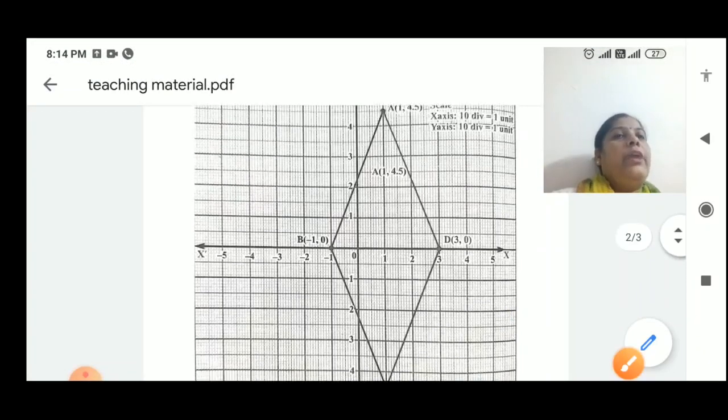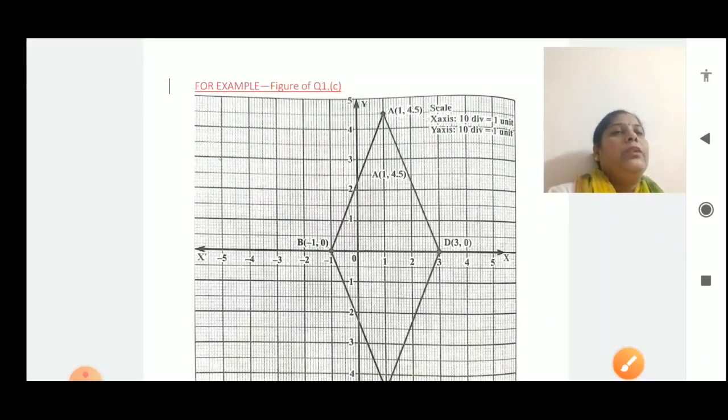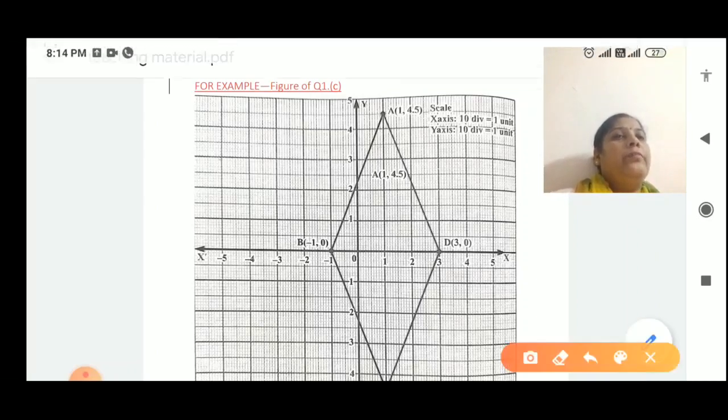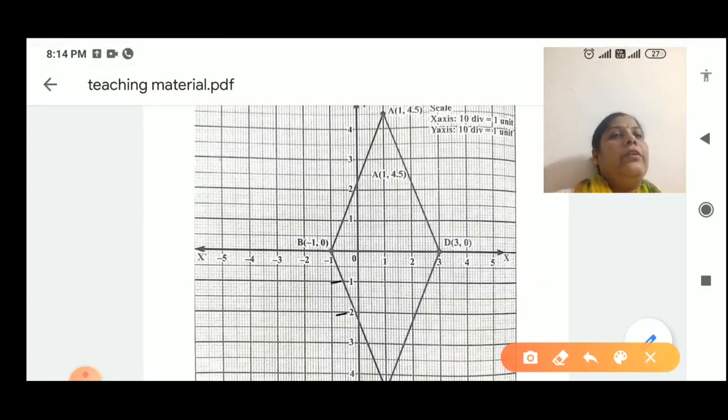Then you have to write the numbers. Positive numbers on the right hand side, negative numbers on the left hand side, positive numbers on the upper side, negative numbers on the lower side. Here you will write -1, -2, -3, -4, -5, etc. Then you will plot the points.